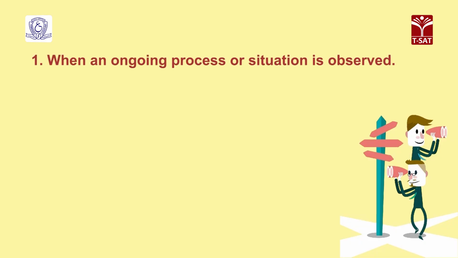Now, we will understand the diverse situations in which observation can be used. The various situations in which observations are made are as follows. First, when an ongoing process or situation is observed, through observation you can monitor or watch a process or situation that you are evaluating as it occurs.